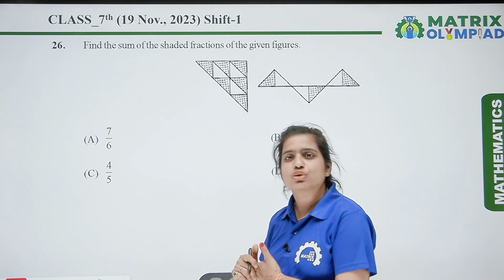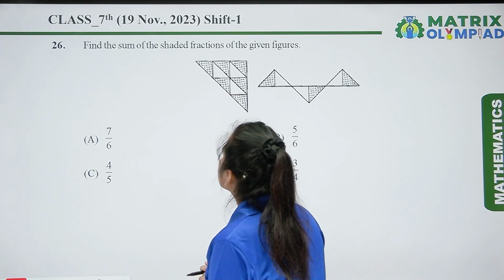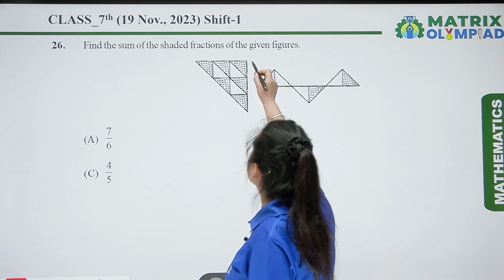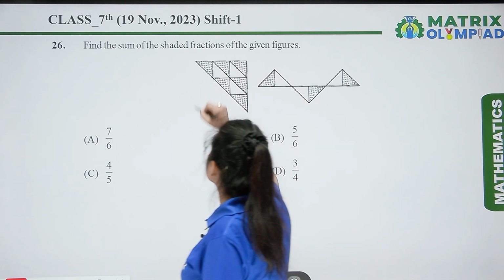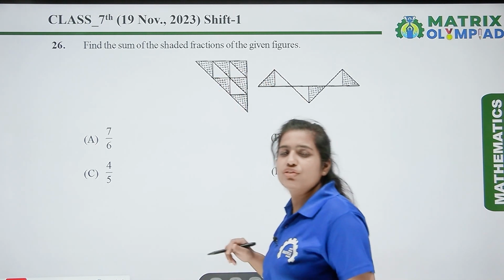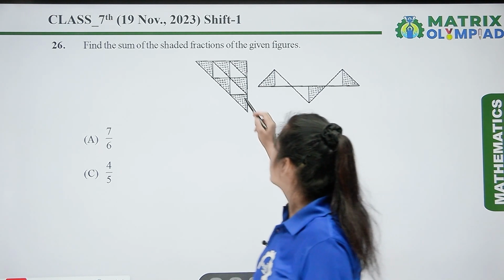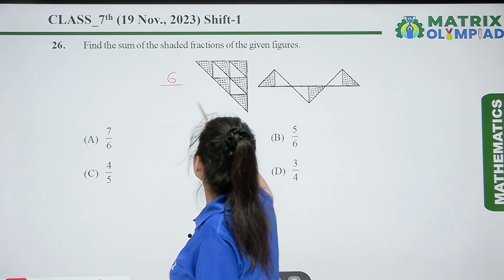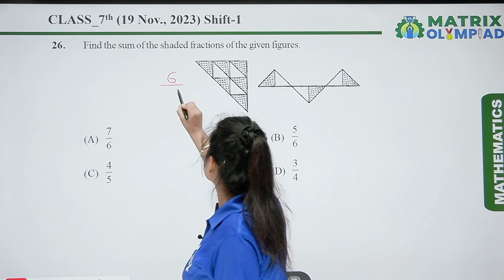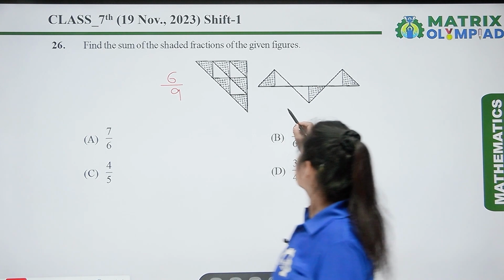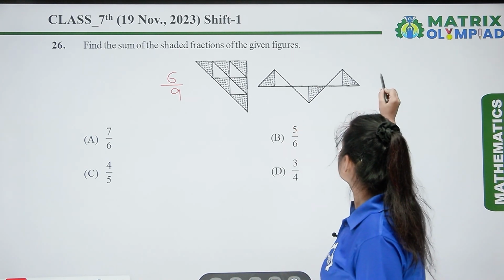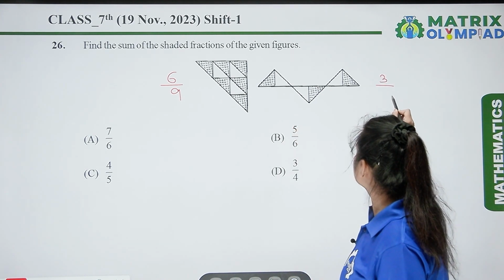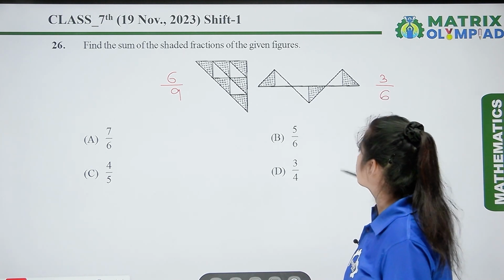Now the next question is question number 26. Find the sum of the shaded fraction of the given figures. So let's find the shaded fraction first. Here we have 6 shaded parts out of 9. And here we have 3 shaded parts out of 6.